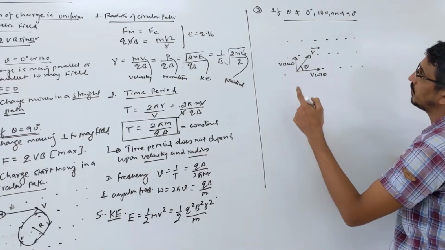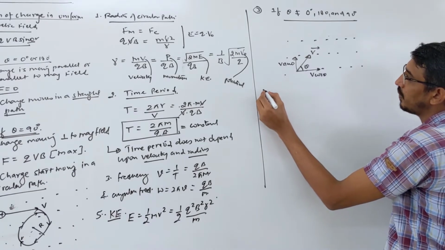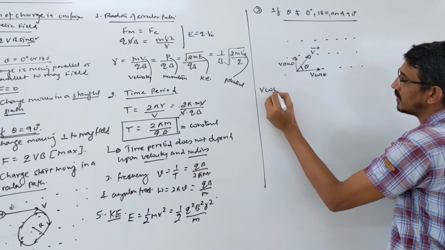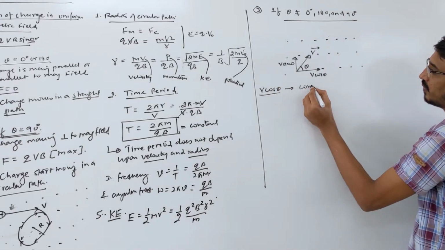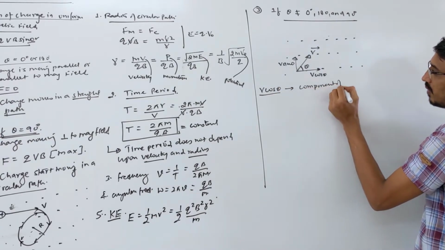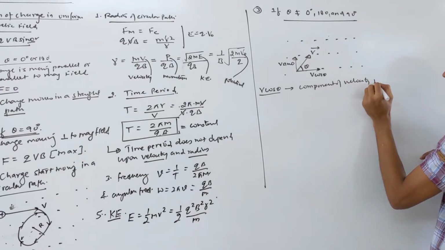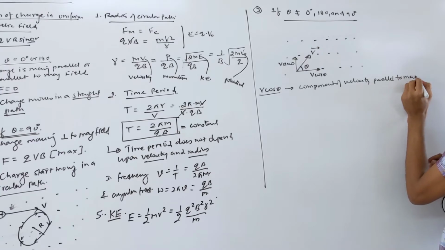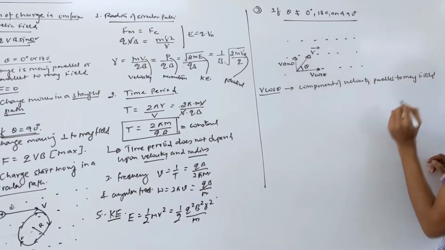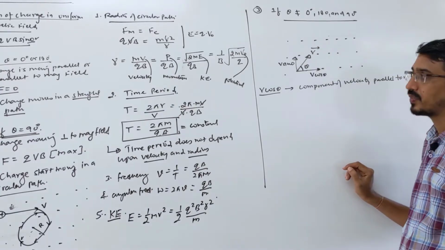So watch carefully. This component V cos theta is the component of velocity which is parallel to the magnetic field, right?